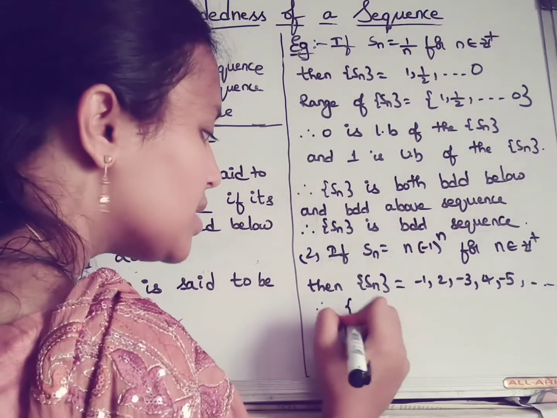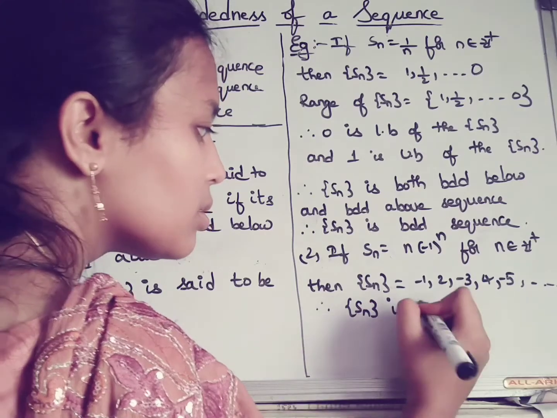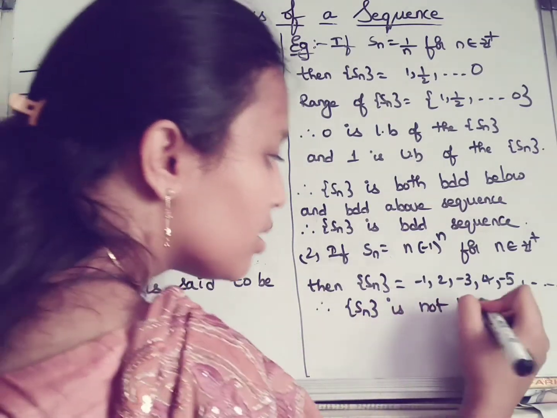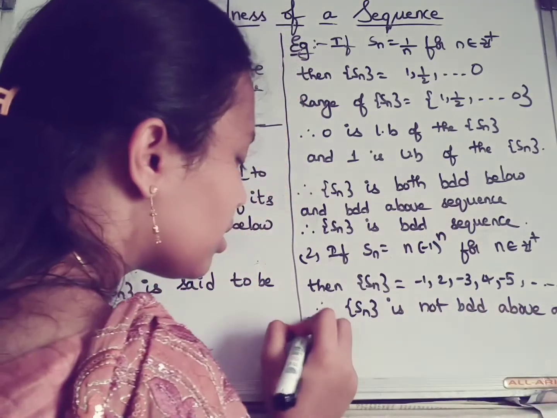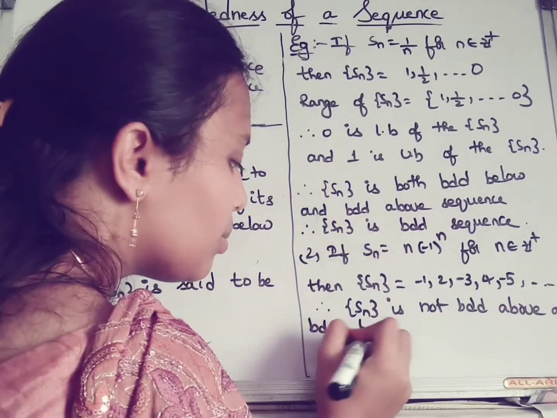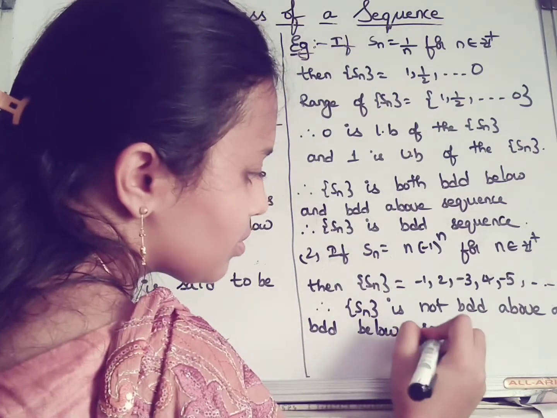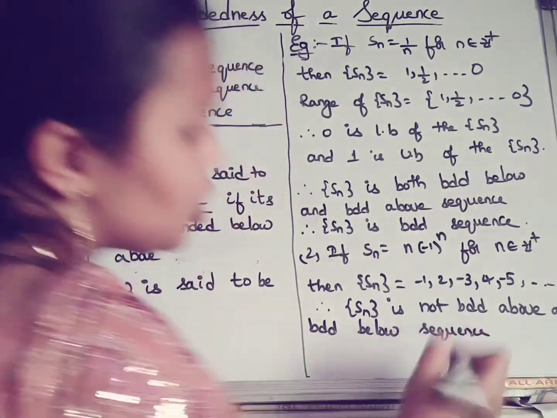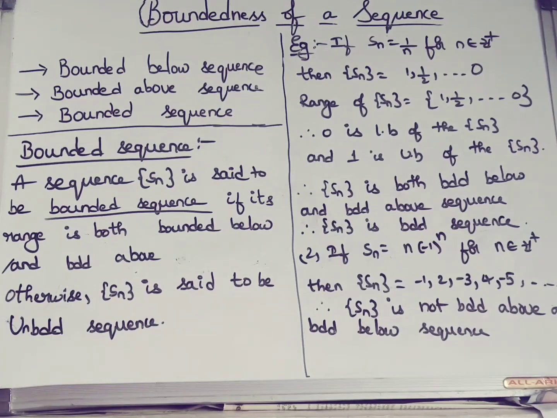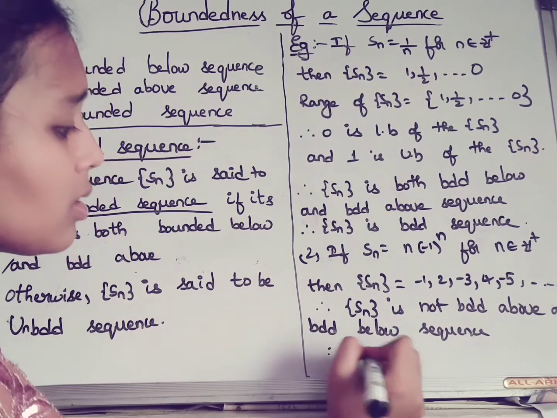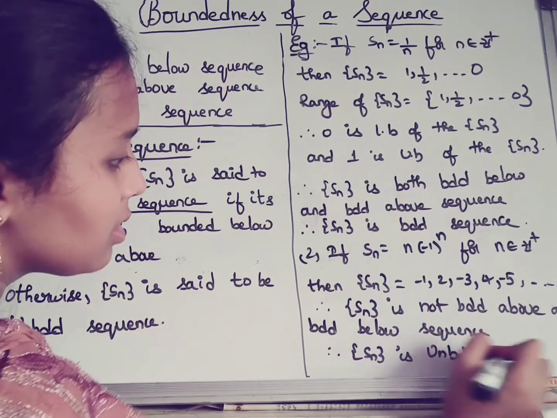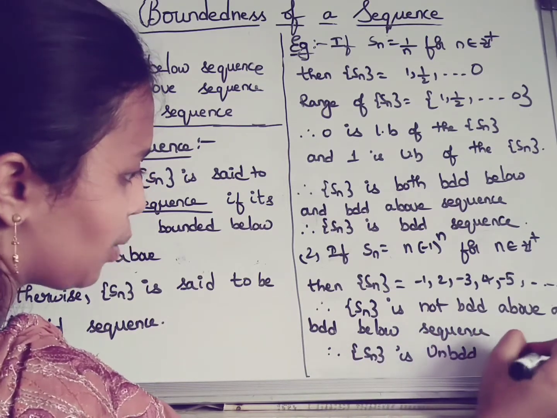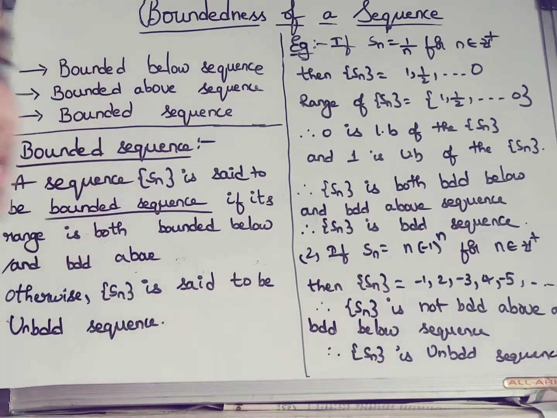So this sequence is not bounded above and not bounded below. So we can write sequence Sn is an unbounded sequence.